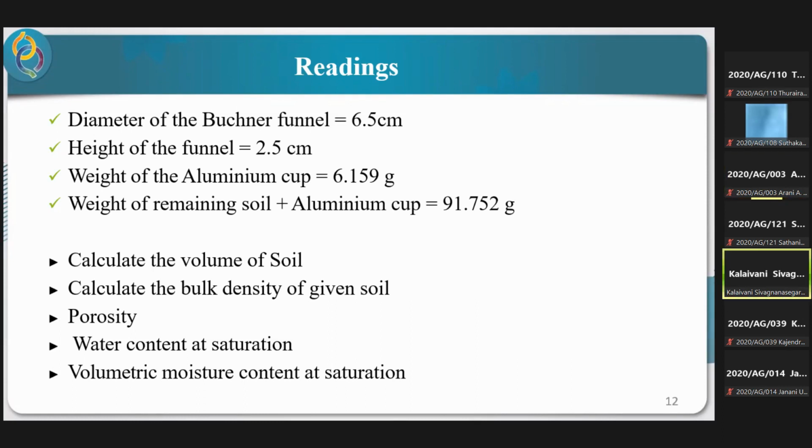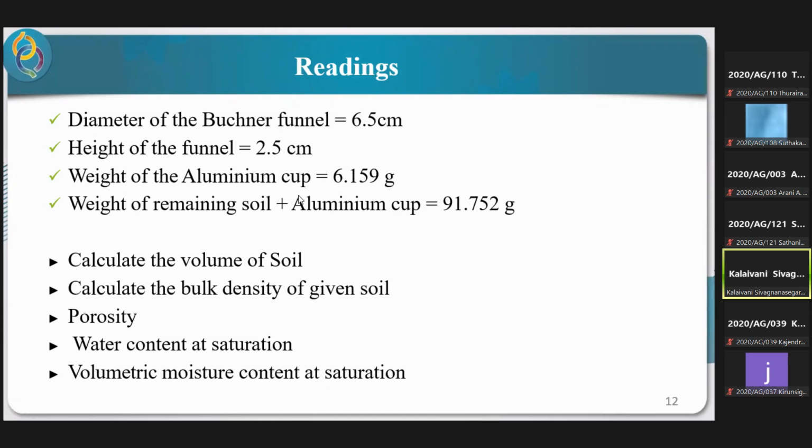Now the data is given for the weight of remaining soil, 91.752. You have to find out the weight of remaining soil by reducing 6.159 gram from 91.752.